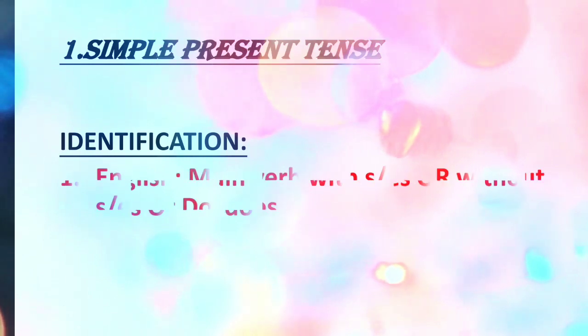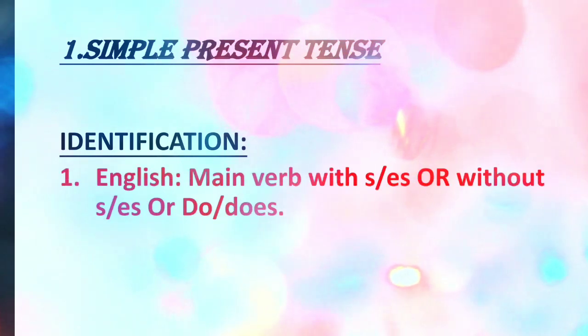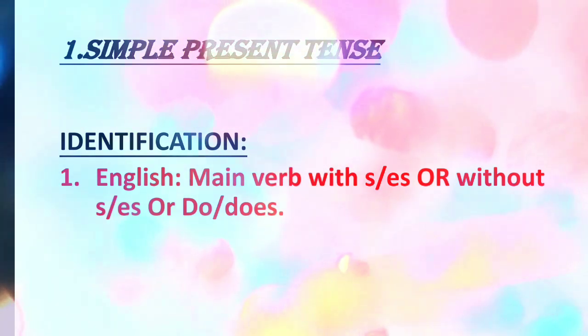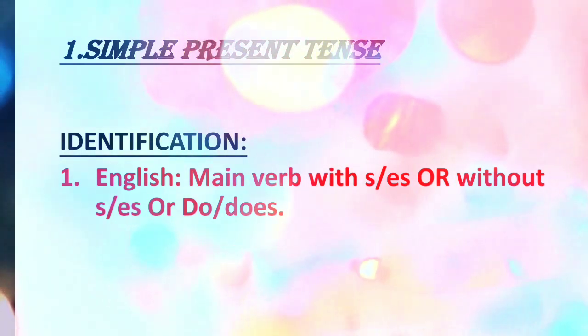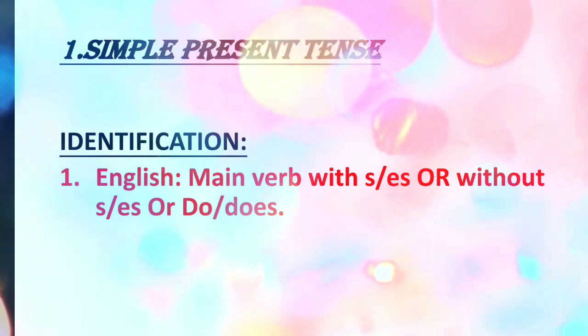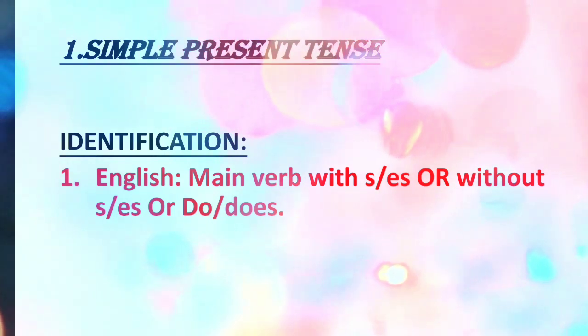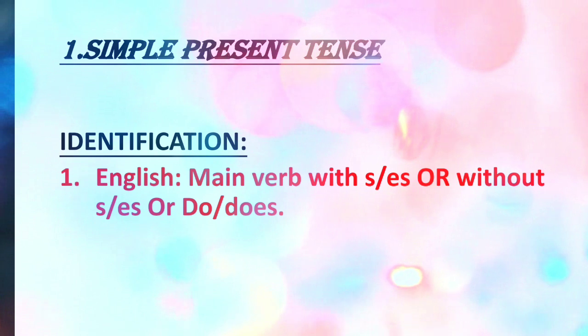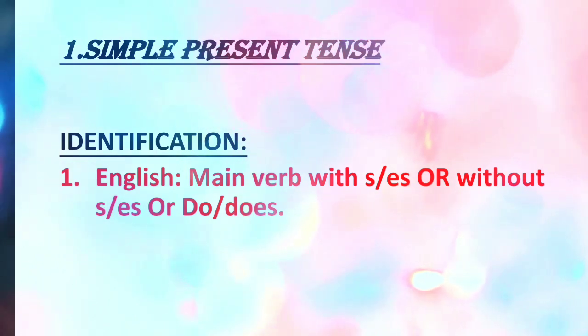Let's start with the identification of it. In English, you can observe the main verb to identify it. If the main verb is used with s or es in the first form of the main verb, then it is a present tense.